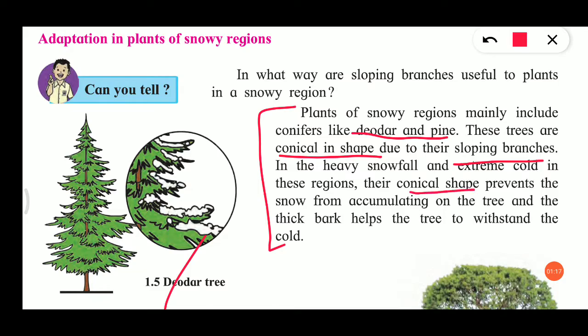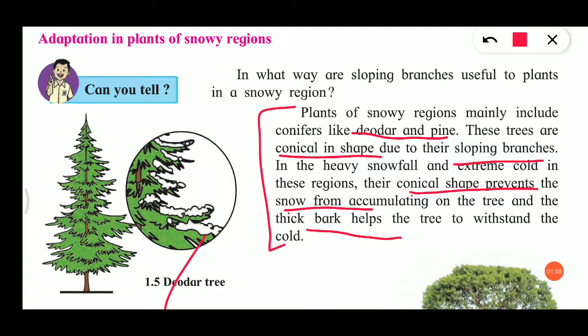Therefore, the conical shape prevents the snow from accumulating on the tree, and the thick bark helps the tree to withstand the cold.